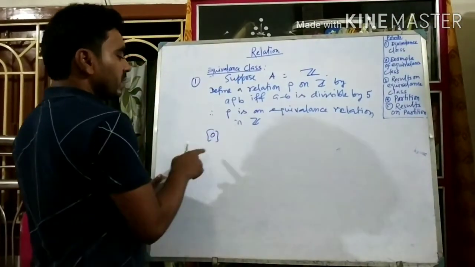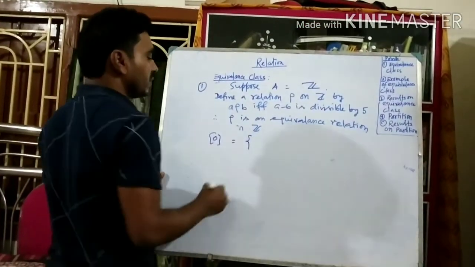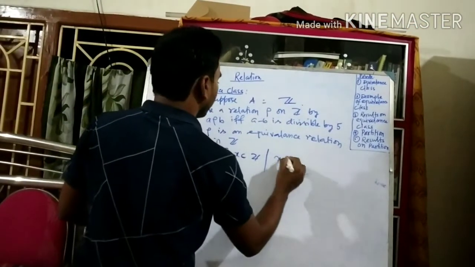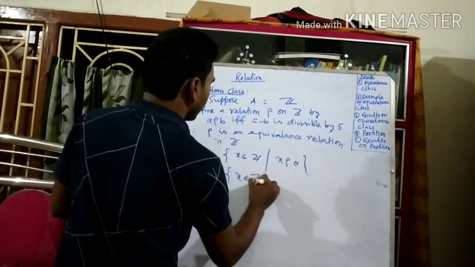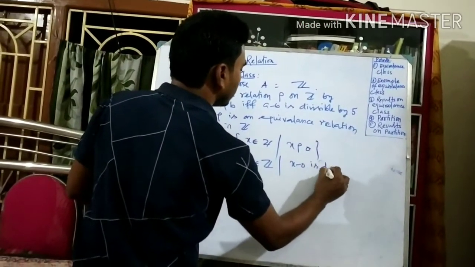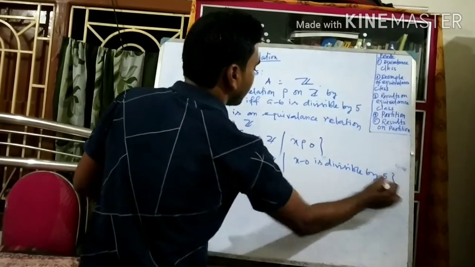We find the equivalence class of 0. This is nothing but x belongs to Z such that x is related to 0. That means x belongs to Z such that x minus 0 is divisible by 5.